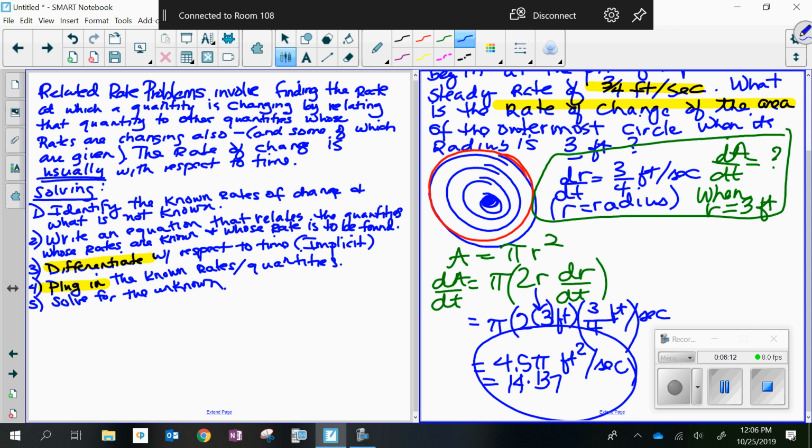And don't forget it's area. Your area is always in terms of squared whatever. So it should make sense that your derivative, the change in area, should be in square feet per second.